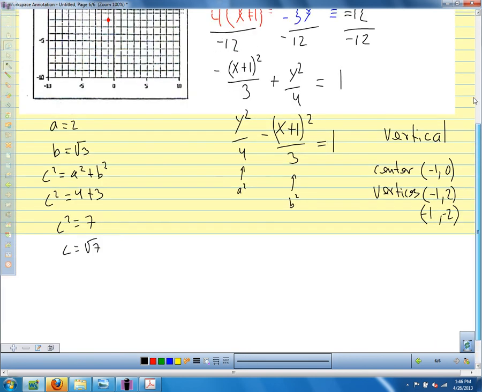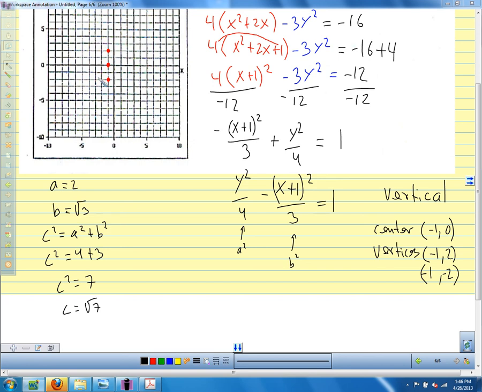C tells me how far I need to move to get to my foci. So for the foci, I move up and down by the square root of 7 units. So let's approximate the square root of 7, plug that into my calculator. Don't know that one off the top of my head. So the square root of 7 is about 2.6.